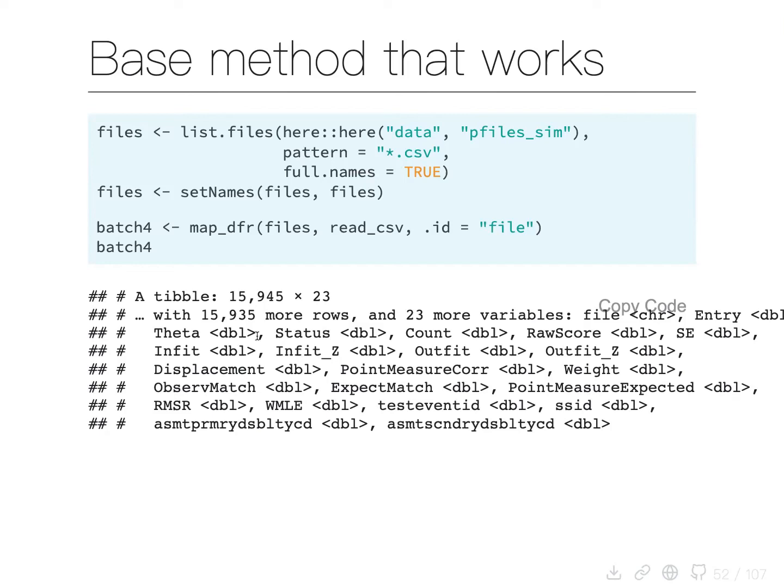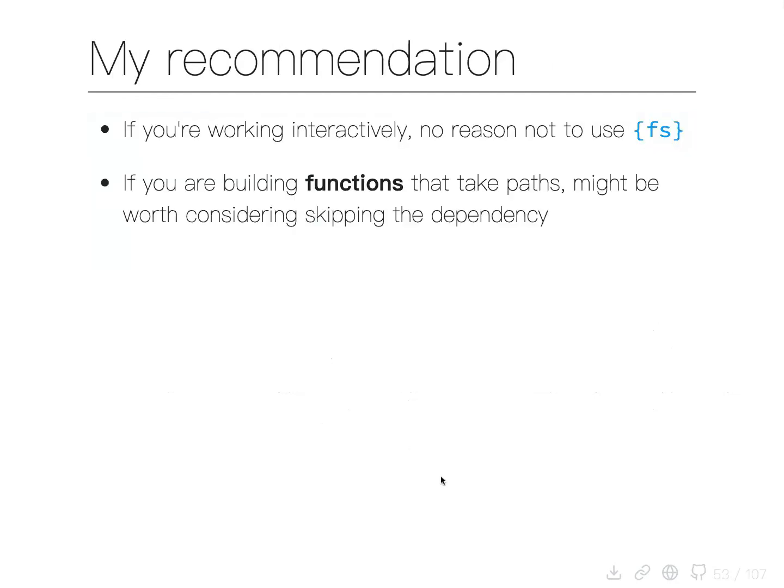Then we could loop through, then we could set the names of the file paths to be just the file names, okay? And then that would probably be the best of both worlds, but that is not what we do. So we could write our own function that uses list.files to do that if we wanted to, but that's not what we do.